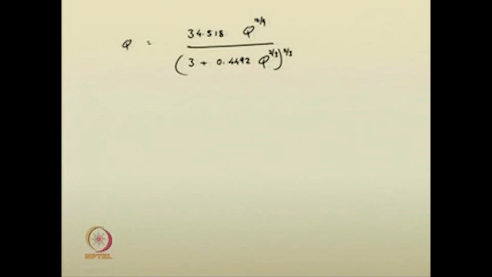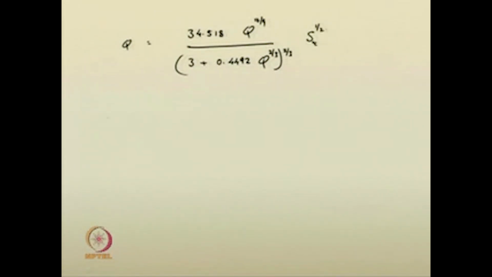Either you can write Q is equal to, after computing the terms, 34.518 Q to the power of 10 by 9 by 3 plus 0.4492 Q to the power of 2 by 3, the whole quantity raised to 2 by 3, S naught C to the power of half.